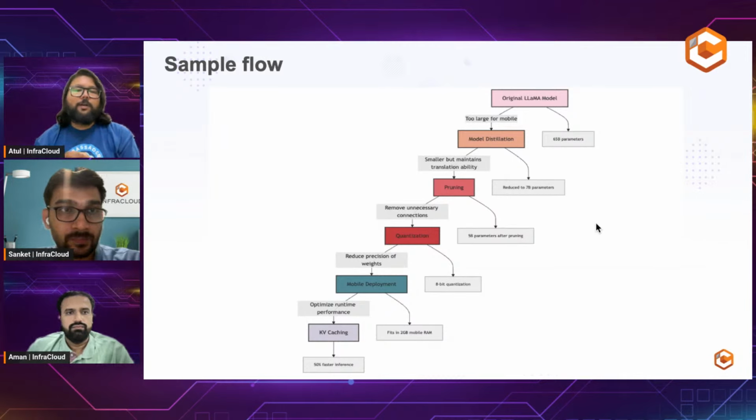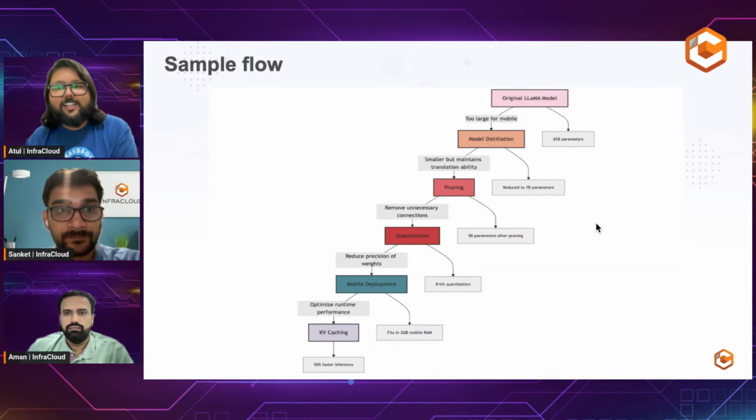So for anyone watching, this framework will give you a very good idea of how you can take a parent model and go through all the processes of optimizing it, eventually making it fit to run on different devices with a smaller footprint, with KV caching mechanisms to improve performance.